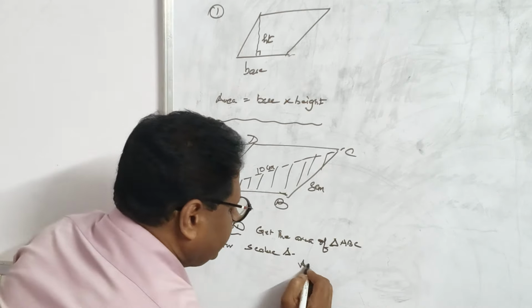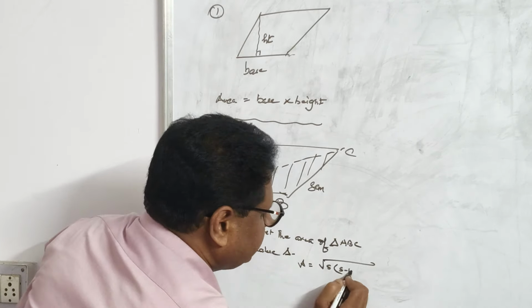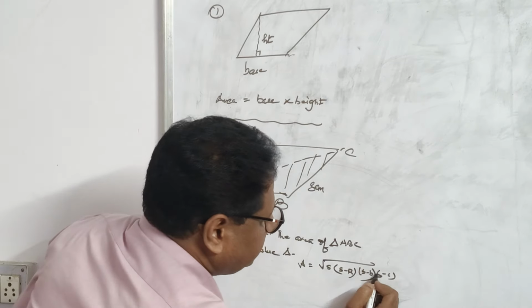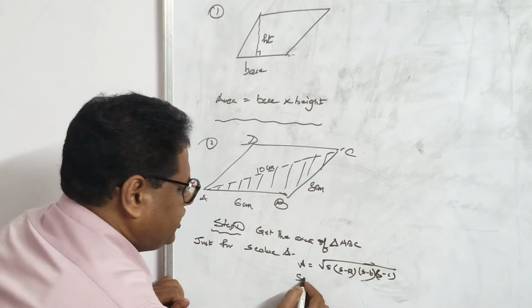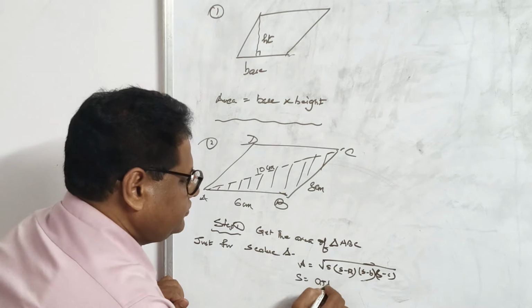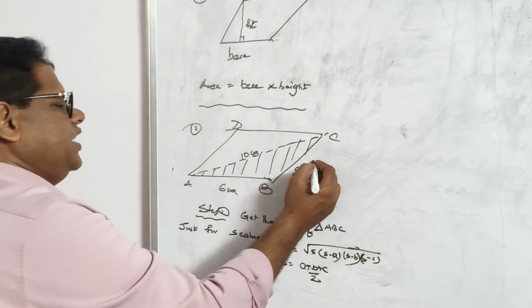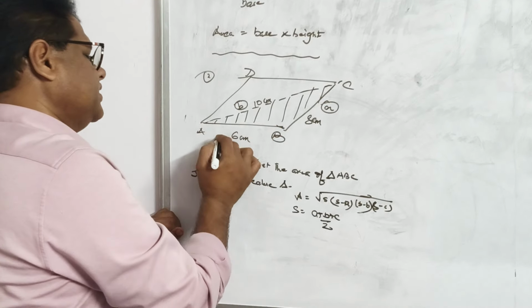That means area equals under root S(S minus A)(S minus B)(S minus C), where S is the semi-perimeter, that is (A plus B plus C) by 2. Here you can take this as A, this as B, and this as C.